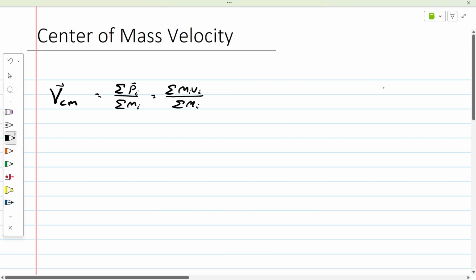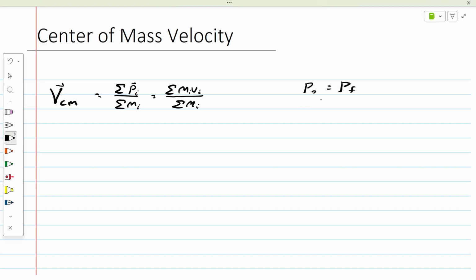So center of mass velocity is just the sum of the momentum divided by the sum of the masses, which we can break up into the mass times velocity and summing those with the total mass. And we can get this just by using conservation of momentum, because we know that P initial equals P final.